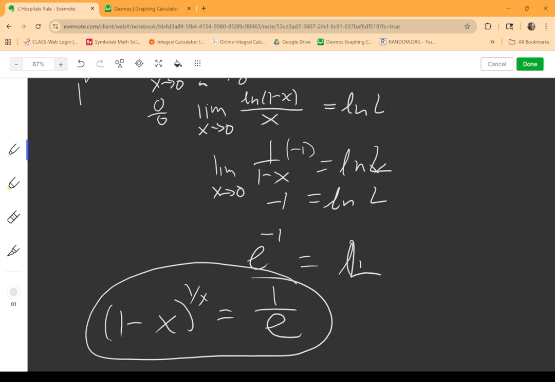So an interesting result here: we get this equal to the exponential e to the negative 1.